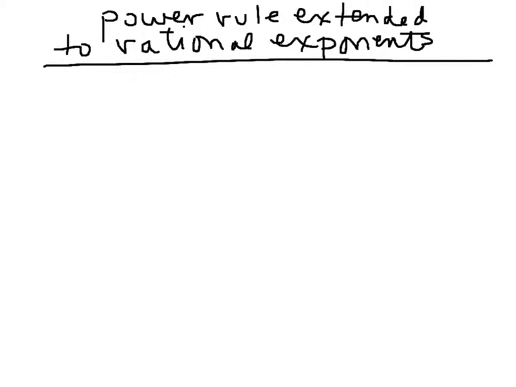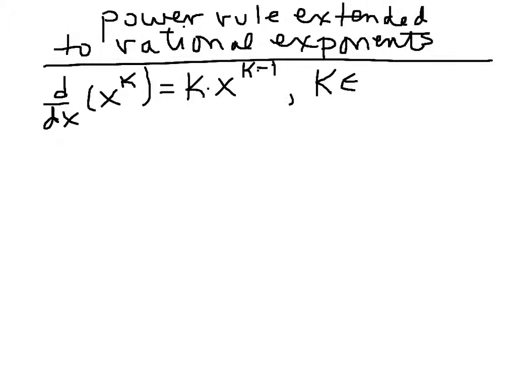So now let's talk about the power rule. And what we're going to be able to do now is extend it to rational exponents. Recall that we have already shown that the derivative with respect to x of x to the k is k times x to the k minus 1. And that's where k is any integer at all.